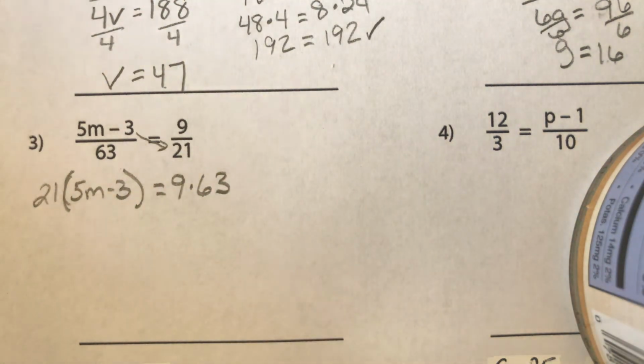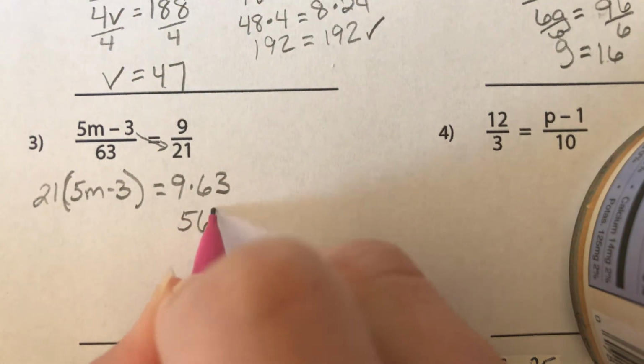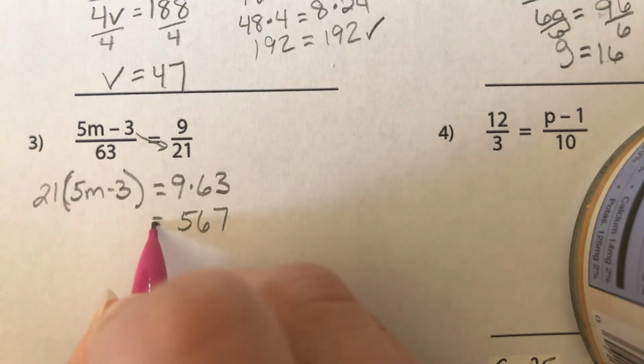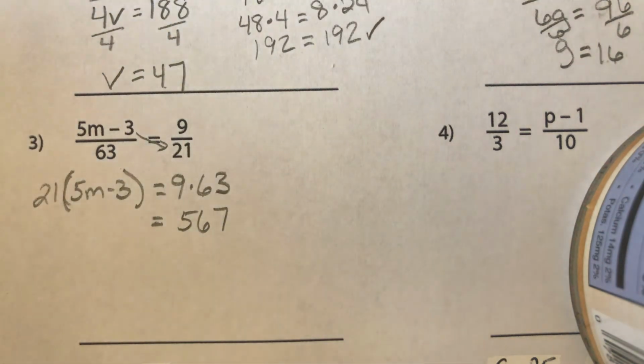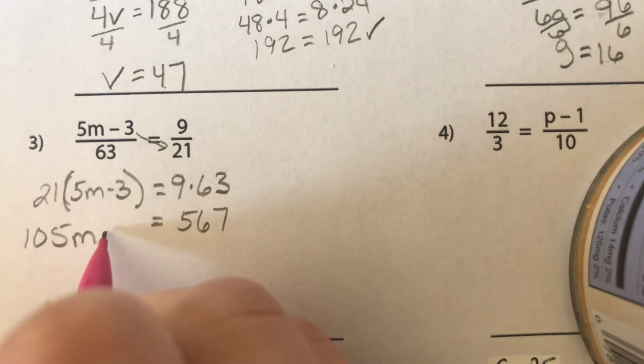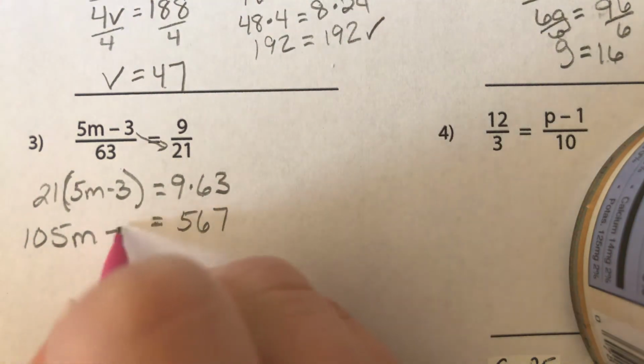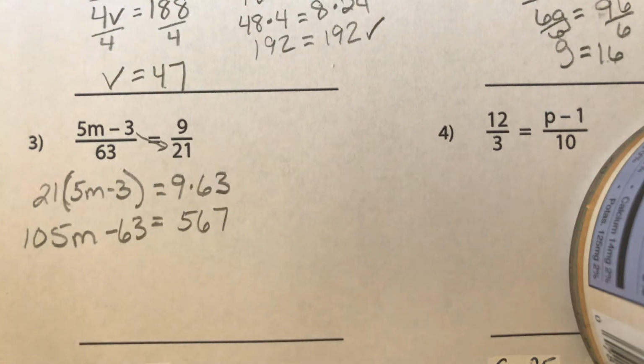So I'm going to go ahead and do 9 times 63, and I get 567. And then over here, I'm going to distribute 21. So I've got 21 times 5, 105m, minus 21 times 3. We've got 63.